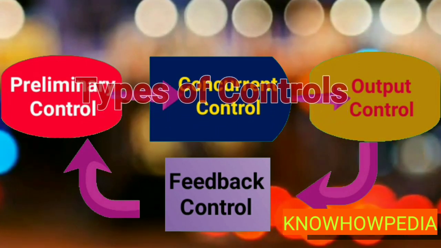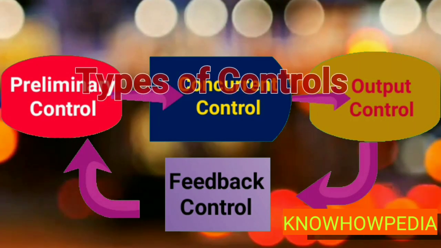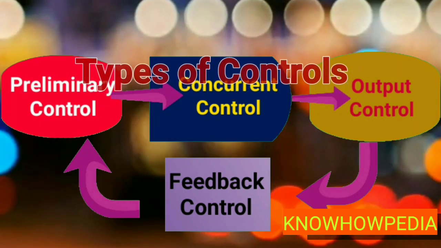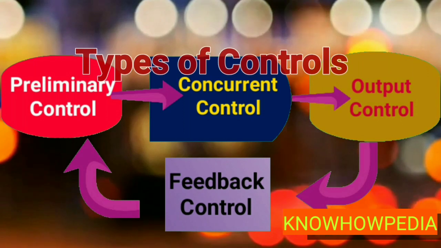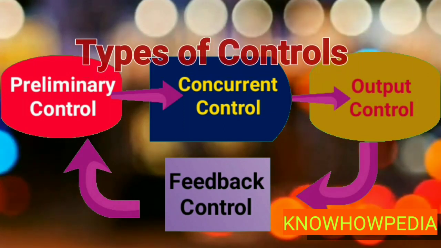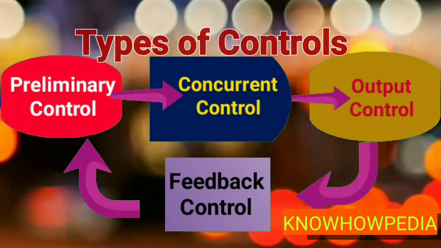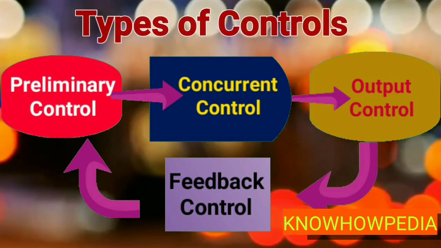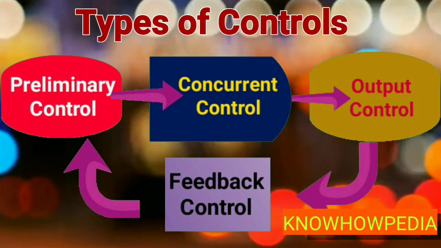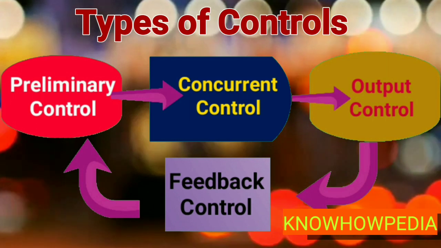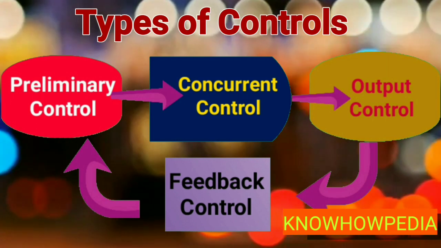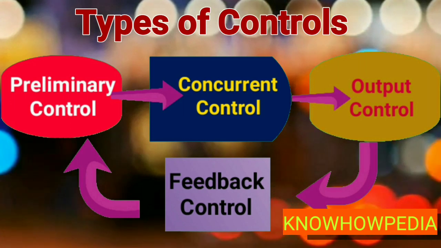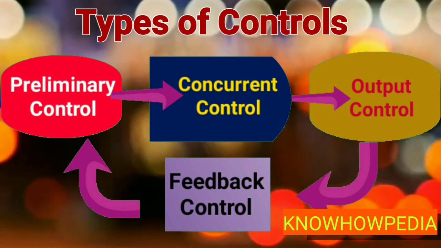What are the raw materials? What are the resources we are providing to the system? Suppose we provide the right kind of raw materials, right kind of people, right kind of machineries and everything, then obviously there is a possibility that we are going in the right direction. So preliminary control is very important to have because it gives us a direction of where we are going and how we have to go.